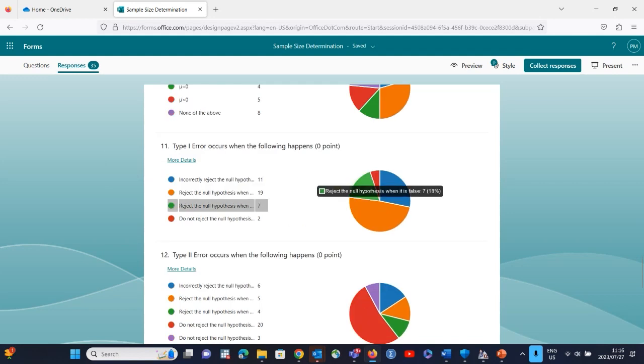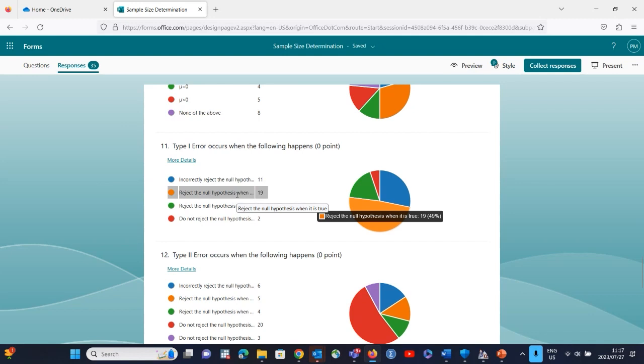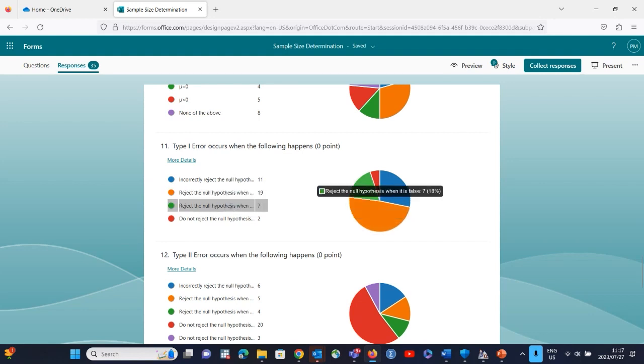And then coming to the last part: type 1 error occurs when we incorrectly reject the null hypothesis. Remember, I think you are allowed to select more than one. Reject the null hypothesis when it's true. The last one, reject the null hypothesis when it's false. When we reject it when it's false, that's what we want.